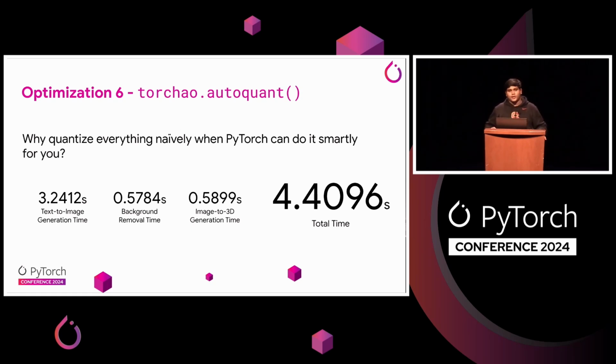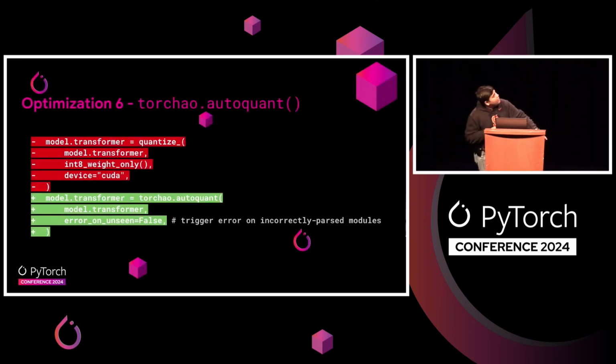This applies to all the linear modules that are available in your model, and hence it'll allow you to get the best out of your architecture. How do you do that? Well, quickly just change out the quantize function and just apply Torch AutoQuant. One interesting thing to see is error on unseen. What it really does is basically ignore the different modules that are not parsed by the compiler for unseen reasons.